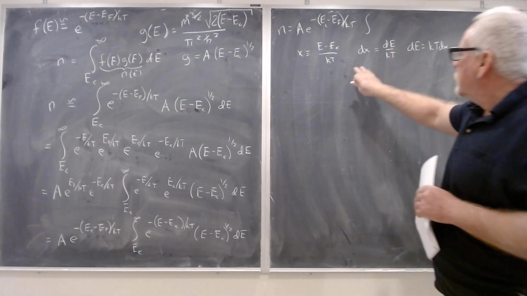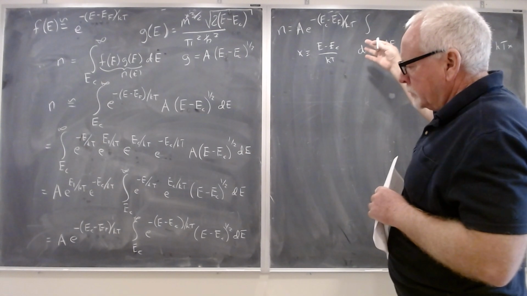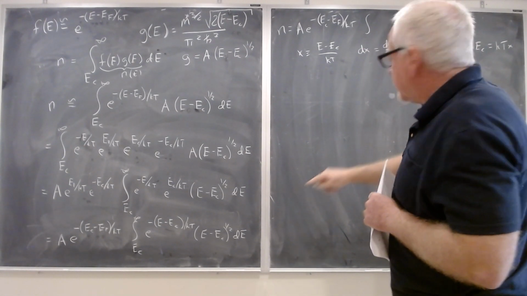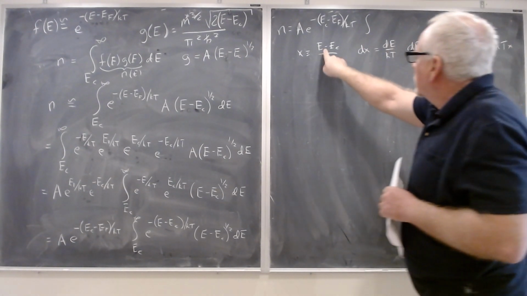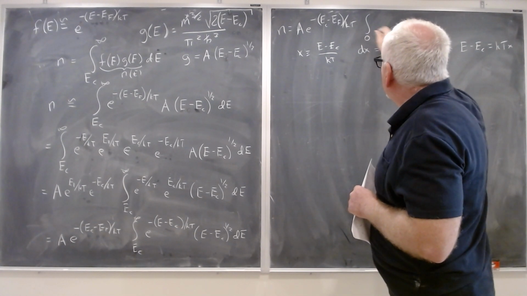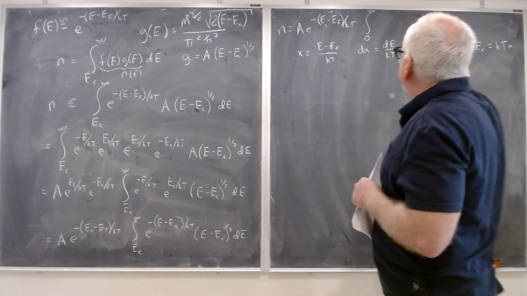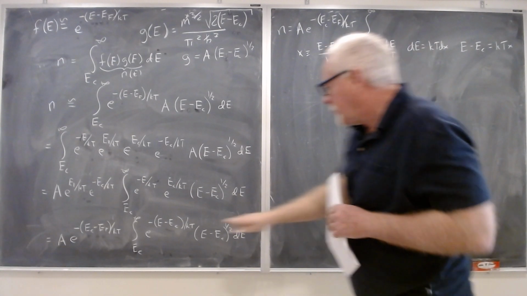So now I'm going to write my integral in terms of x. Now at E equals EC, x equals 0, and it still goes to infinity. And now this becomes e to the minus x.